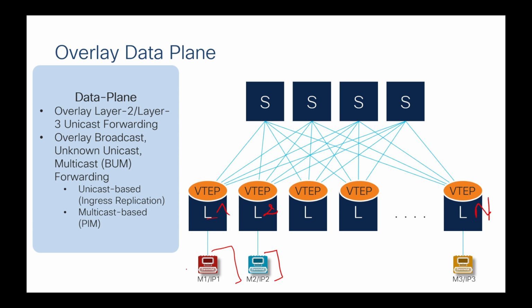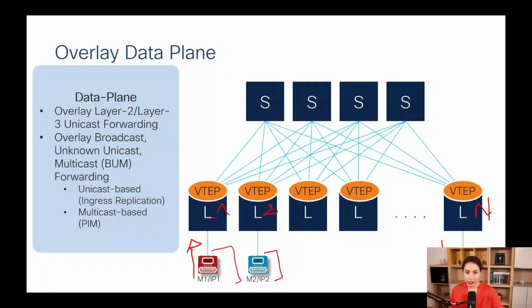But now we would like to start sending the traffic from MAC1 IP1 to MAC3 IP3. Let's say that it is unicast routed traffic. And by the way, even for switched traffic, when I speak about unicast, I take the assumption that the end hosts have already resolved the ARP entry for the destination IP.